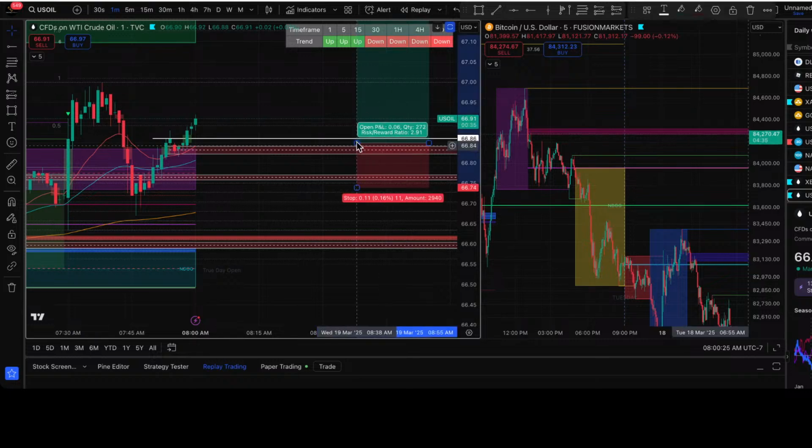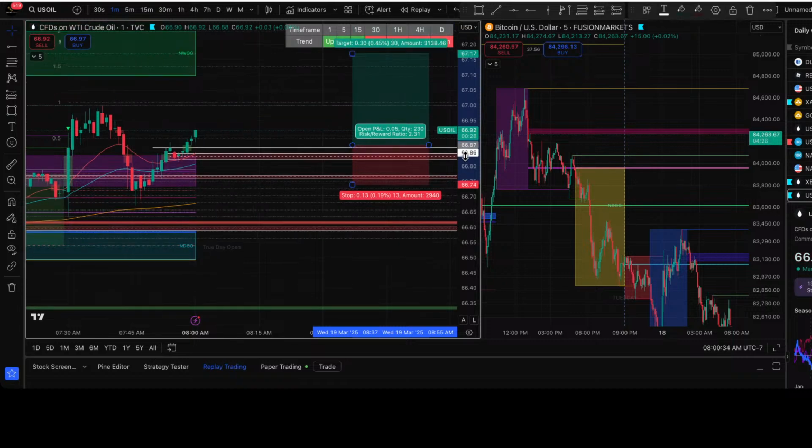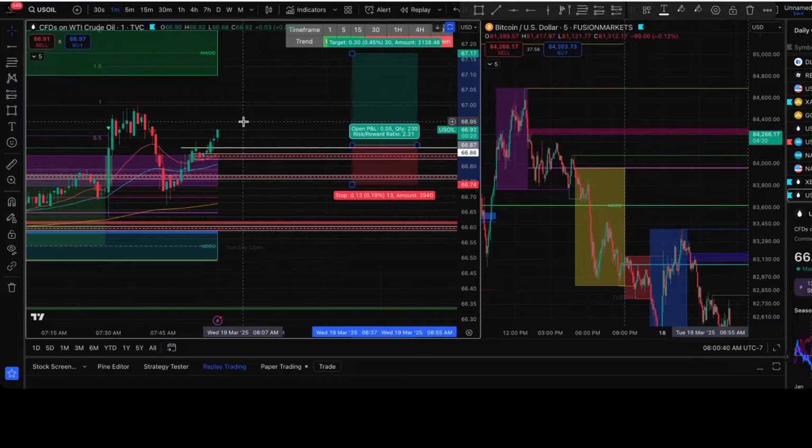Wasn't the best RR. 2.31. There's one standard deviation. I do want to see it hit the new week opening gap.